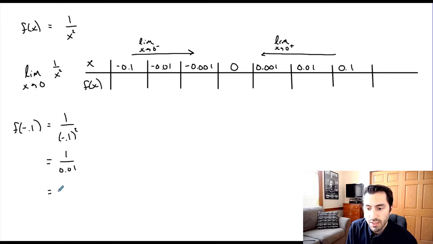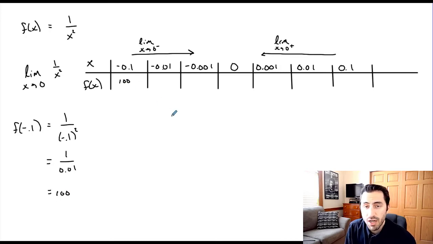All right, so now we have a small number in our denominator, and if I'm dividing by a very small number, my result is going to be a number that's larger. So I can think about this like I'm dividing by 1 over 100, so my result is just 100. So here we get 100.